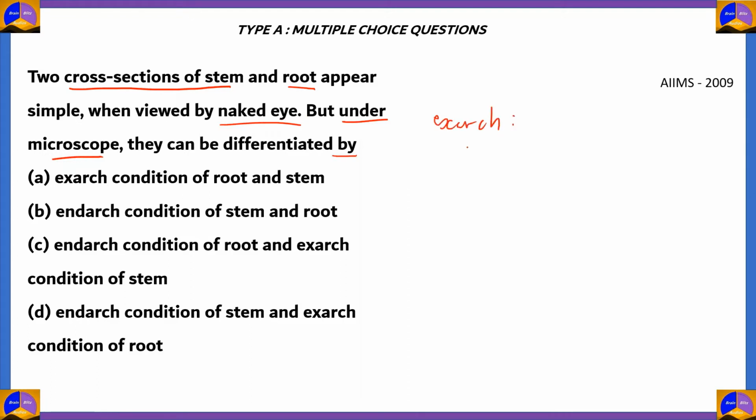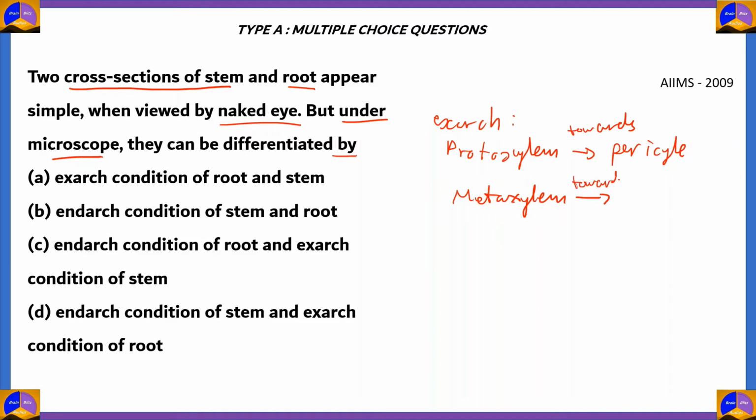So in exarch condition, the protoxylem, that is the xylem forming first, is towards the pericycle, while the metaxylem, which is the xylem that forms later, is towards the center.